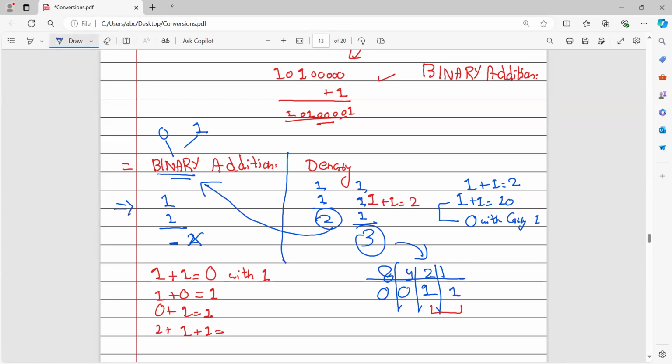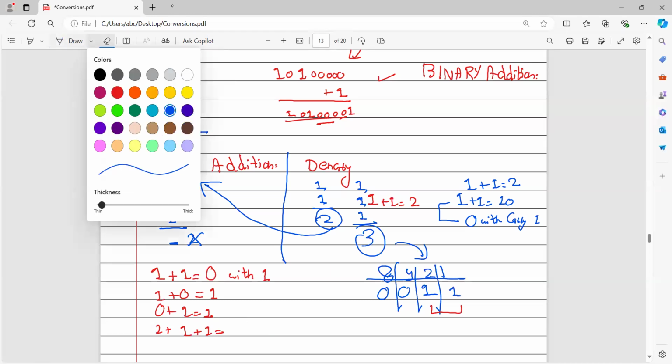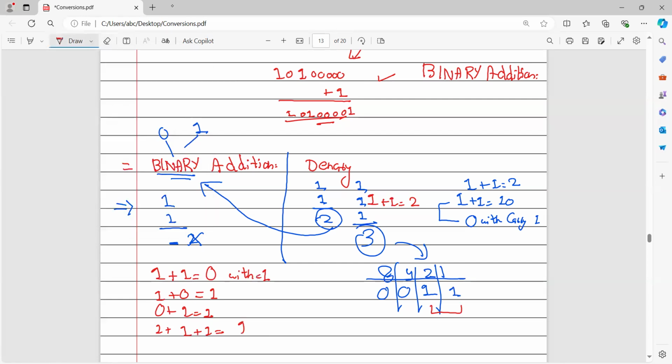So the answer is 11, which is basically to be known as 1 with carry 1. Sir, can we write 0011, or should we only write 1 with carry 1? You can write it, but they are not considered. We only consider the value that starts from the 1. Even if you write it, it won't impact you. So these are basically some rules for your binary addition.